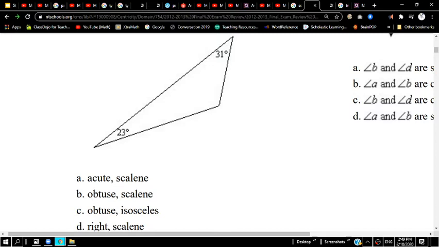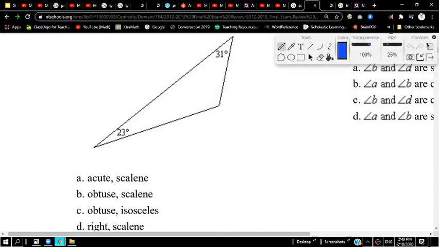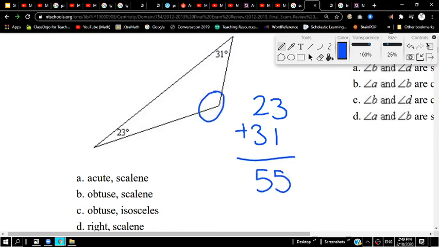Well, let me just try to see if I can add those up just to show you. Let me see, 23 plus 31 equals 55. Now I know that this other angle measurement is going to equal 180 minus 55.